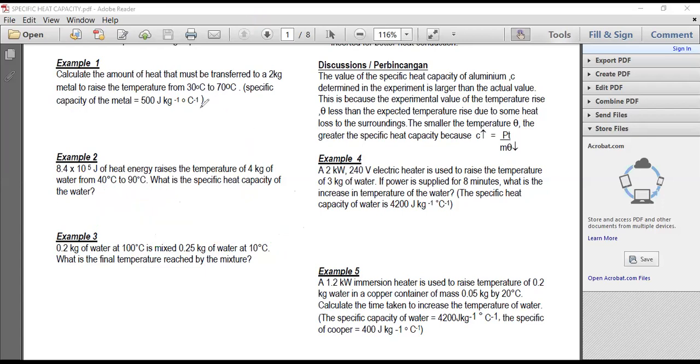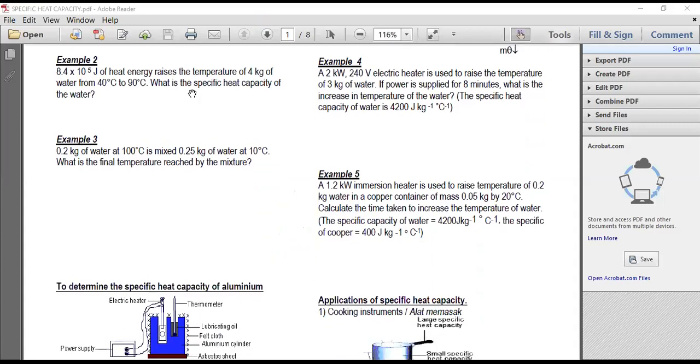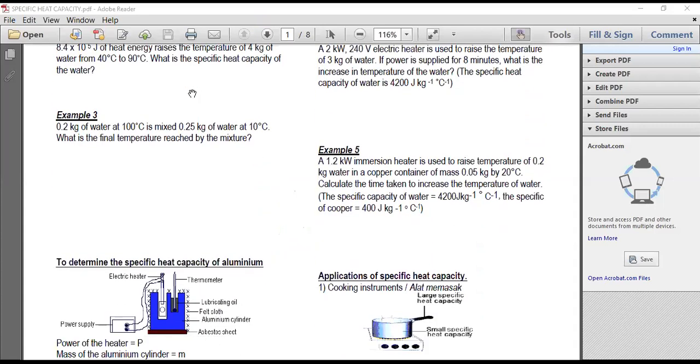The first thing is we need to assume that when you have a hot object mixed with a cold object, all the heat from the hot object is transferred to the cold object. That means there's no heat loss to the surrounding. All the heat from the hot water will be transferred to the cold water.